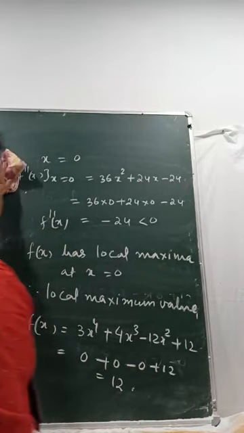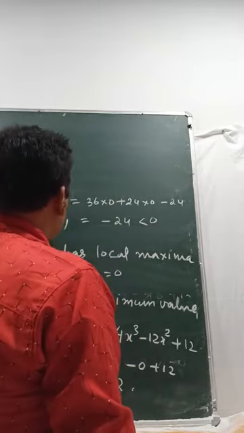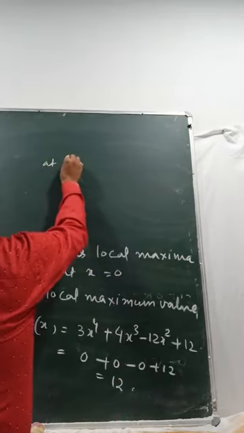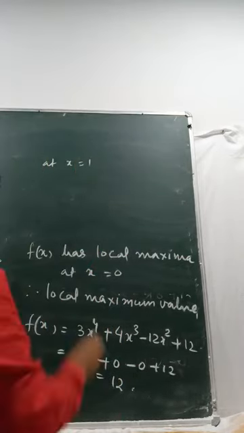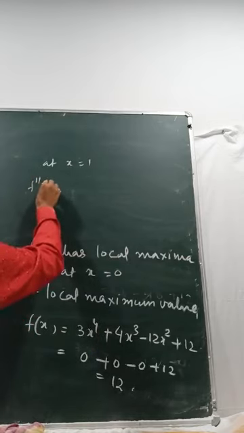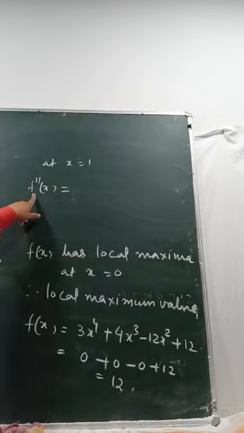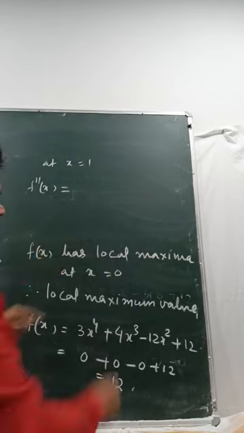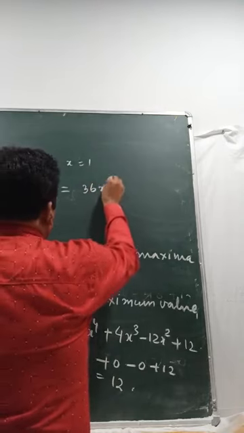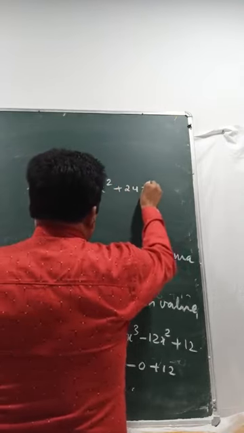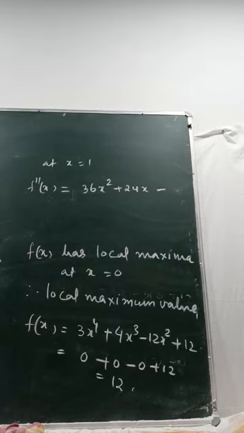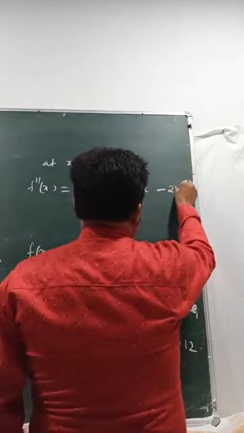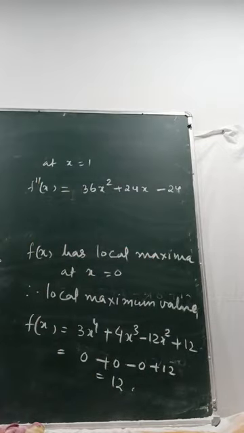Then we have got another point at x equals to 1. At x equals to 1, what is your f double dash x? Because I cannot check whether this is positive or negative. This is what we had got: 36x square plus 24x minus 24.